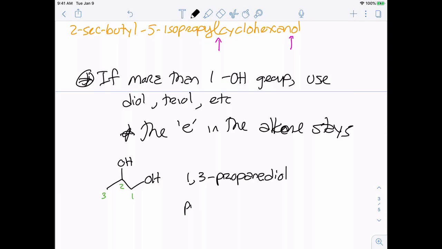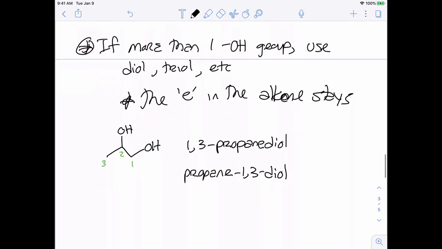The newer method, propane, and then the 1, 3. So in the newer method, remember, our numbers come right before the ending. In the older method, the number comes before the parent. Do watch out for this. There's actually an old method, and it's not very common anymore, but if you're looking up other naming systems or looking at problems on the internet, and I actually learned it this way, so every once in a while I'll say it.